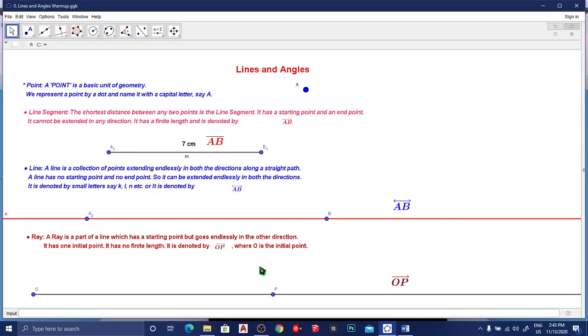Dear students, today we are going to start a new chapter which is related to geometry: lines and angles.